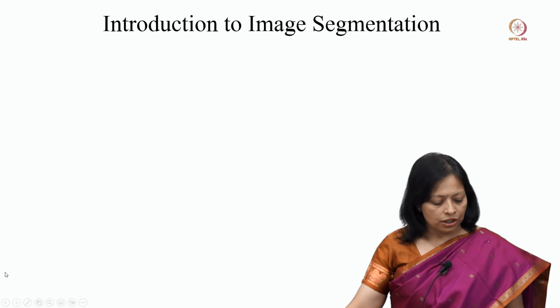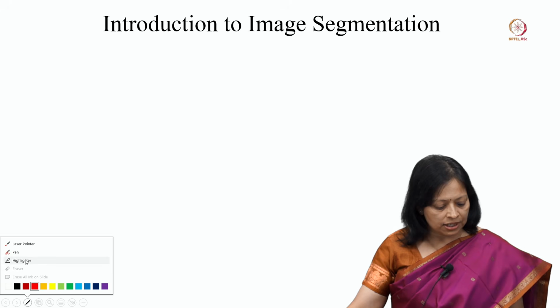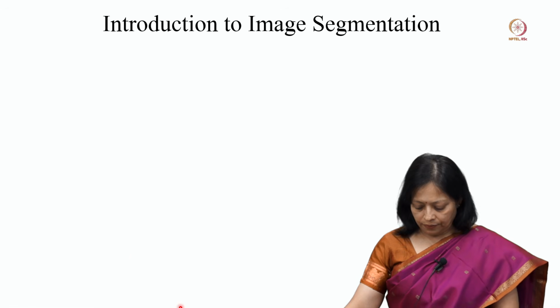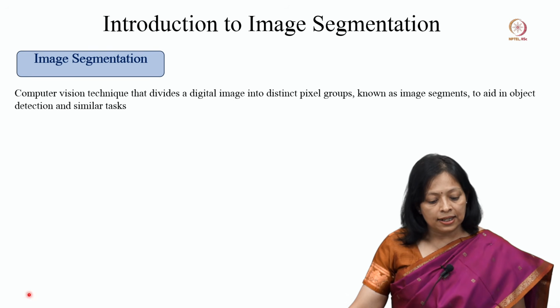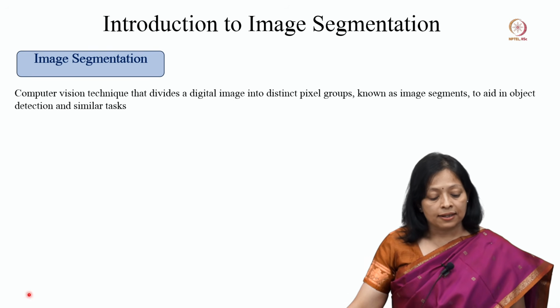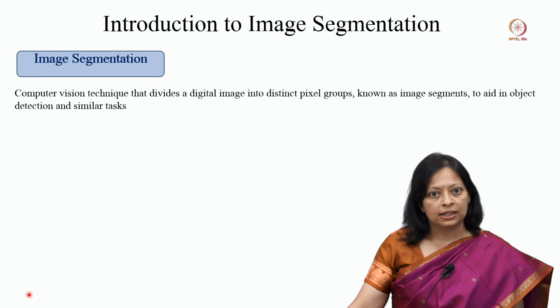Now we will come to image segmentation. What exactly is image segmentation? In computer vision, it is a process that divides a digital image into distinct pixel groups known as image segments to aid in object detection and similar tasks.